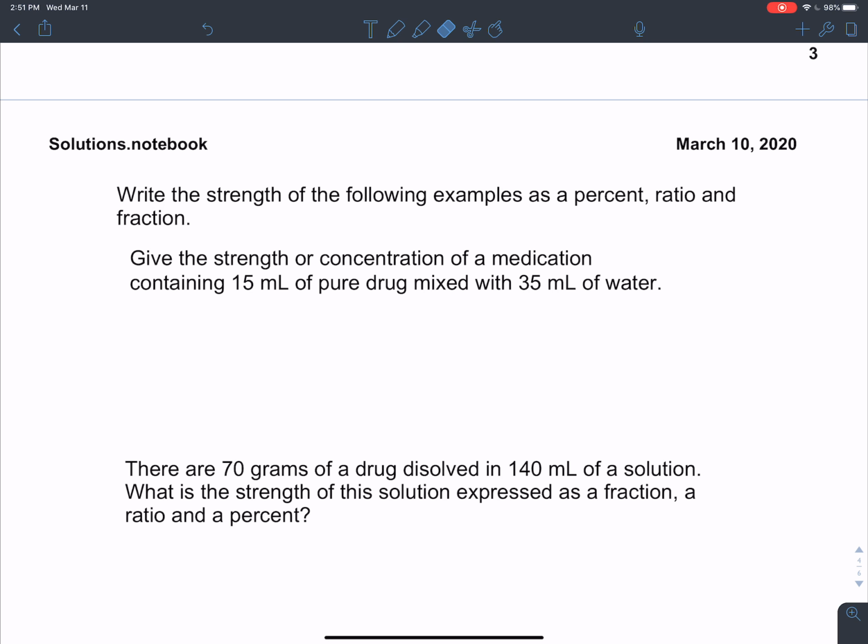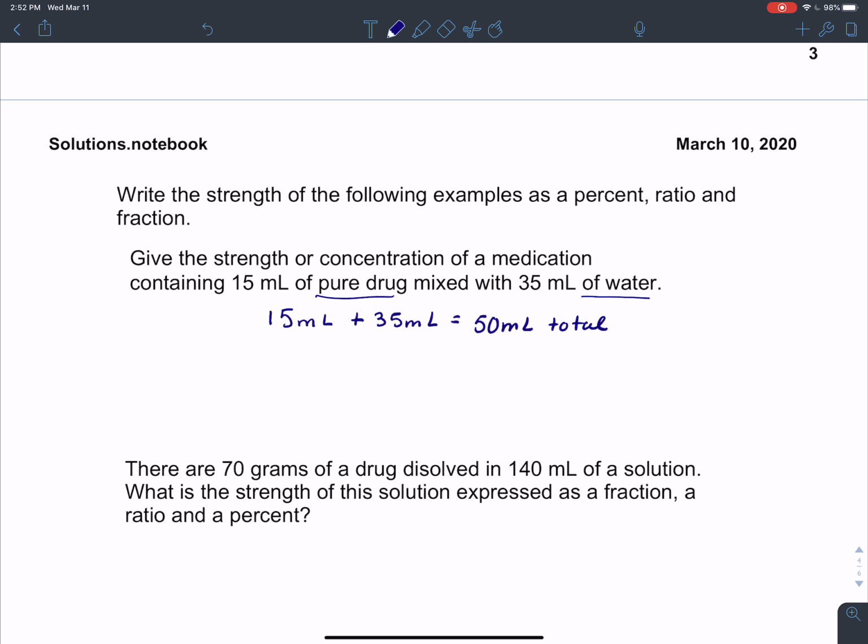Notice the 15 milliliters are pure drug and the 35 milliliters are water, so they're the diluent. To figure out the total solution, we have to do the 15 milliliters plus the 35 milliliters. That tells us that the solution is 50 milliliters total.